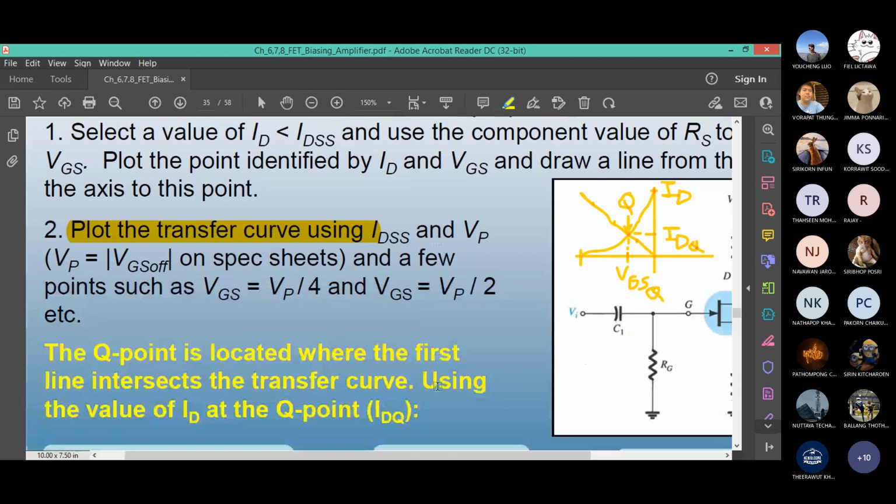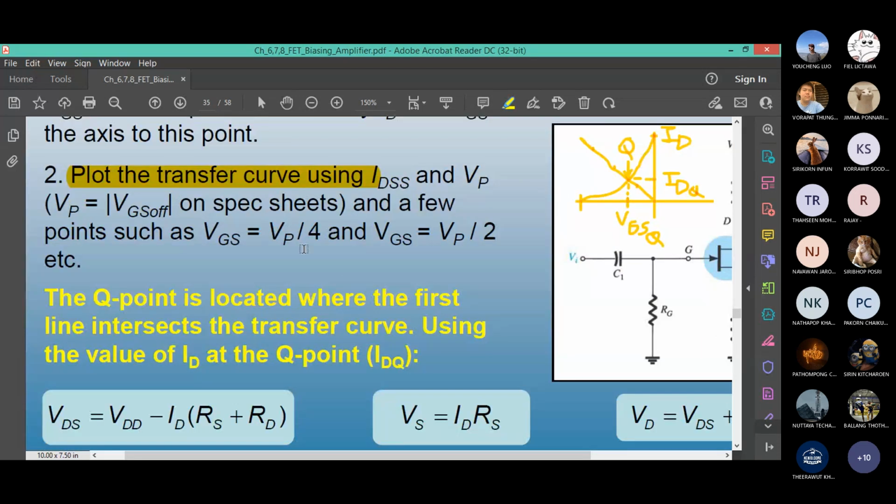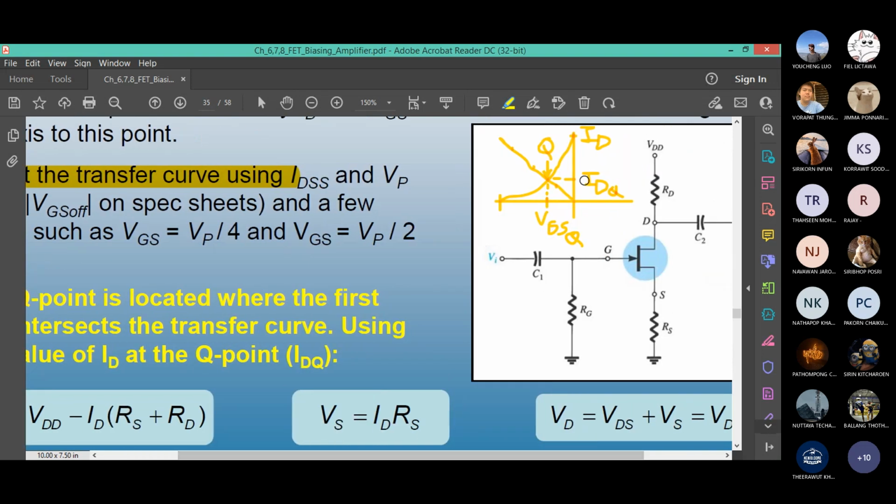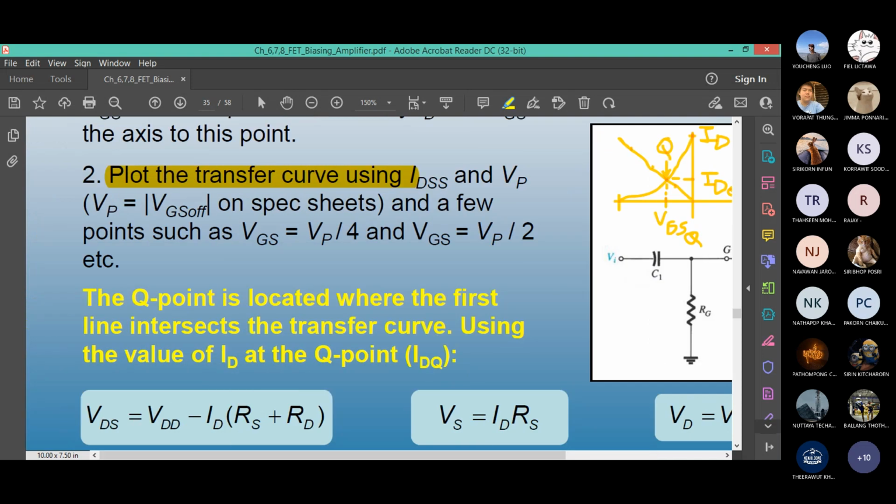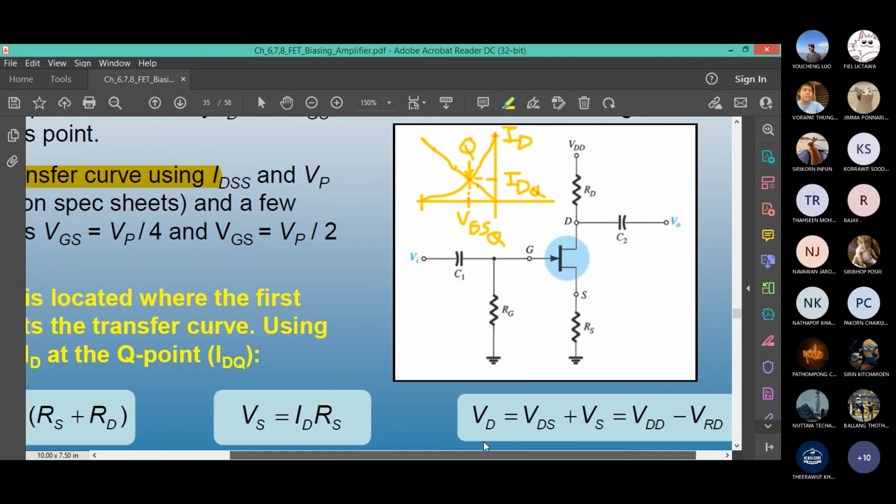So what about the equations then? See, the Q point is located where the first line intersects the transfer curve. Using the value of ID at the Q point means now you have to use IDQ. VDS is VDD minus IDQ times RS plus RD. You have two resistors now.